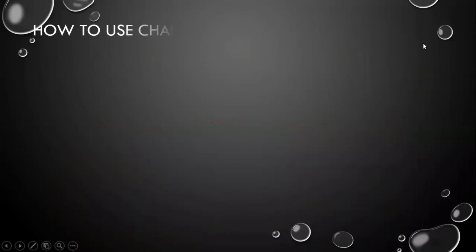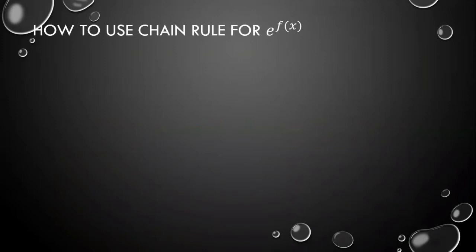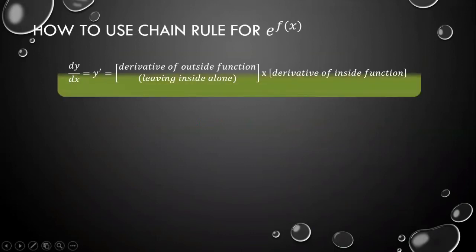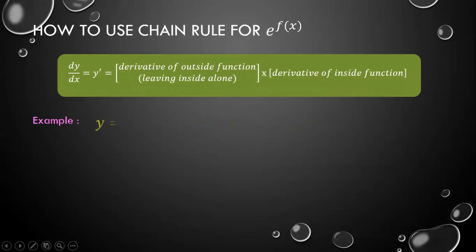Okay, next we go to the next topic. How to use the chain rule for e to the f(x). dy over dx or y prime equals the derivative of the outside function multiplied by the derivative of the inside function. Students, let y equal e to the 3x.